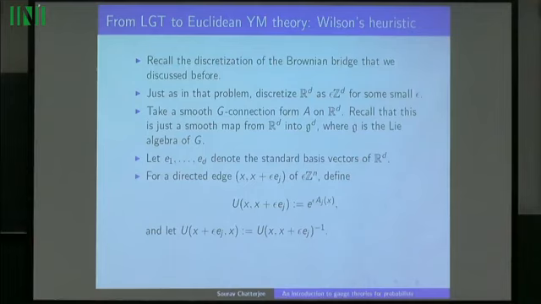So when you have an edge going in direction j, you put e to the epsilon aj. When you are going in direction k, you put e to the epsilon ak. That's how you convert these connection form Lie algebra elements into these matrices. Okay, that's a good question.